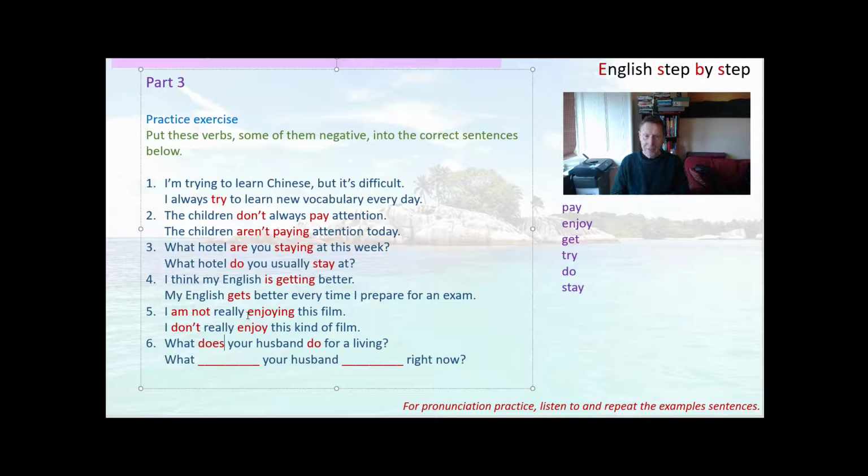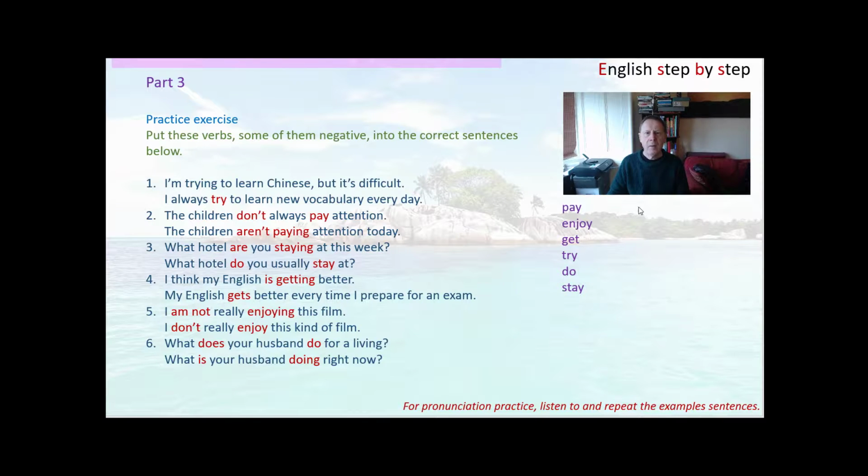Now, the second sentence is different because you can see we have the adverbial phrase right now, and that means at the moment. So in this case, it has to be present continuous. So we can say, what is your husband doing right now?